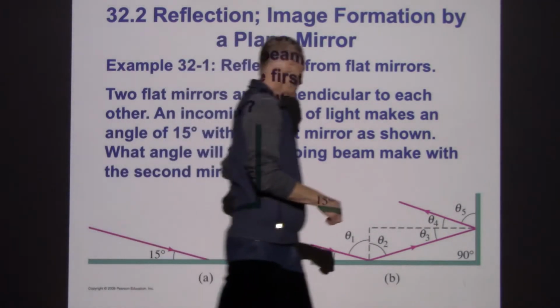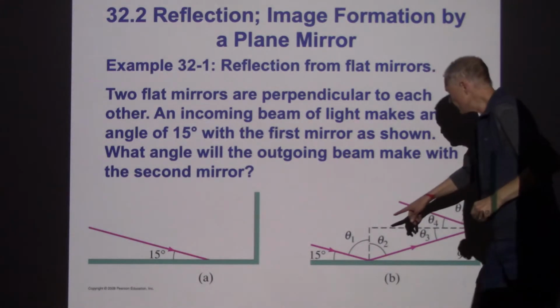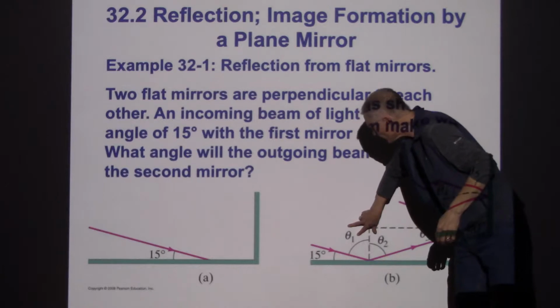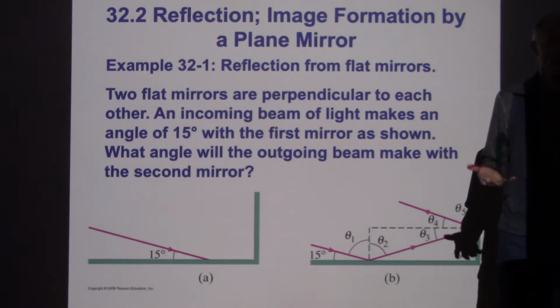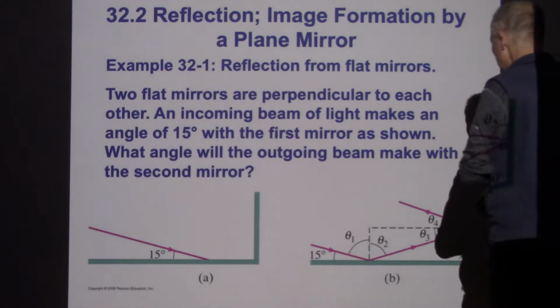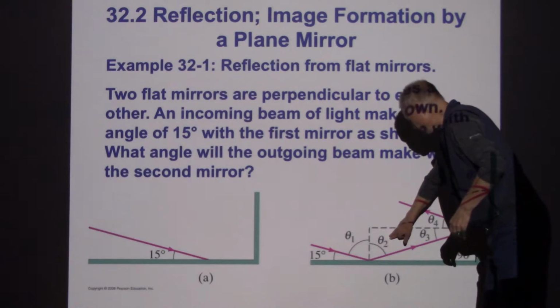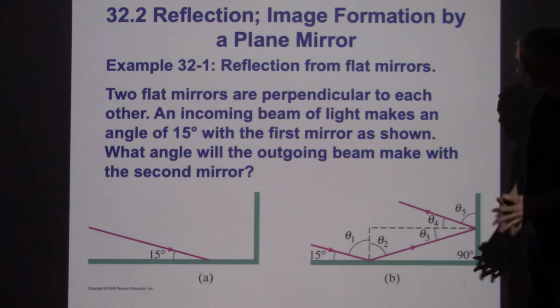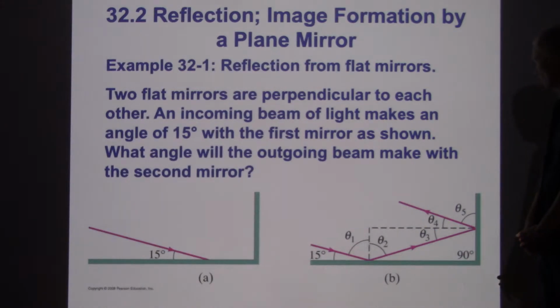Now they've done this in picture B here. It's coming in at 15, but what we want to do is say theta 1 then is 75 degrees. So we'll use 75 degrees as the angle of incidence, and then it will reflect, since we have a very smooth surface, at that very same 75 degrees.